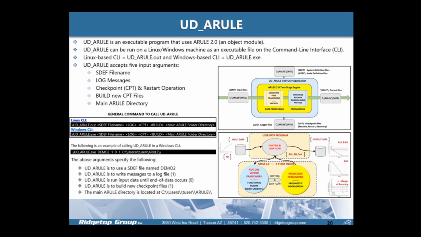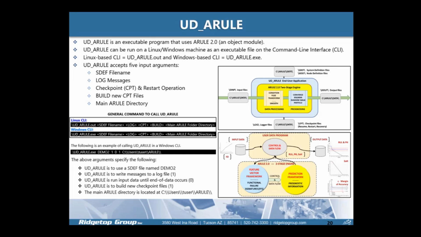This is also an example down here that shows how UD-ARU is called in a Windows CLI. So you give UD-ARU.exe demo2 1 0 1 and then that final ARU path. Here the SDEF file being used is demo2.